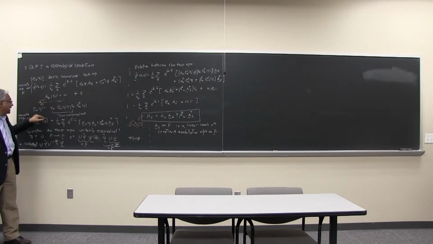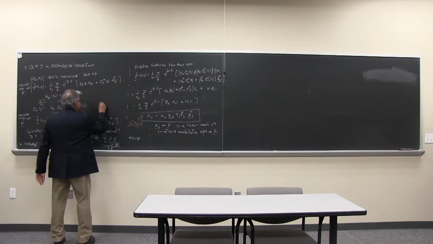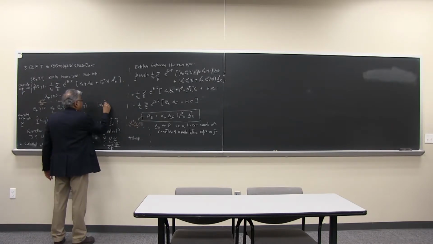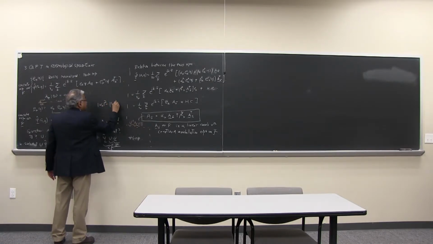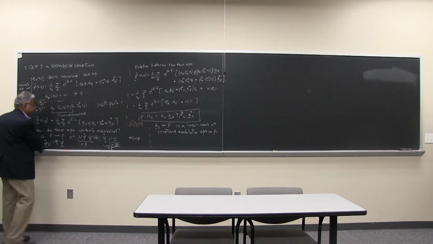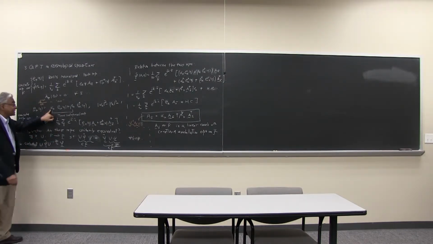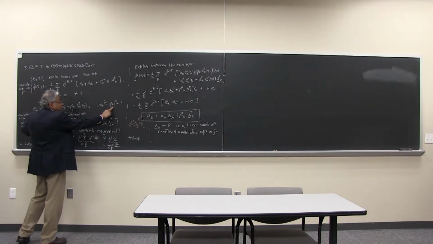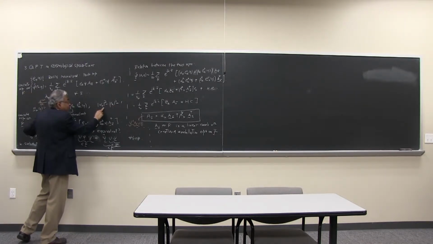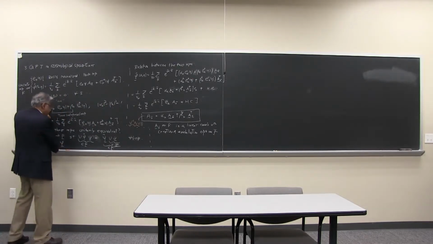If I don't do that, then I could also put the normalization condition up here, which is really alpha k squared minus beta k squared equal to 1. That's a normalization condition. So I could also put alpha k to be a pure phase. If alpha k is just a pure phase and beta k is 0, this condition is still satisfied, because if it's a pure phase, its square is equal to 1.